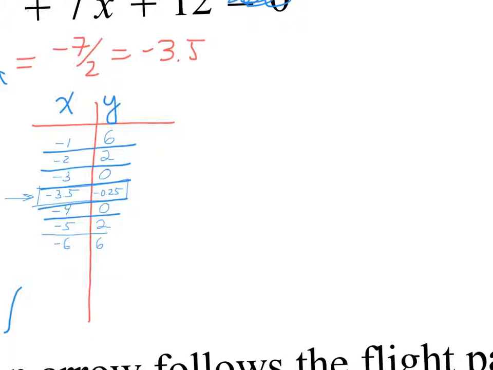And then we can graph it. Negative 1, 6 would be like about right there. Negative 2, 2 is like right here. Negative 3, 0 is like right there. Negative 3.5, negative 0.25 is like just below.